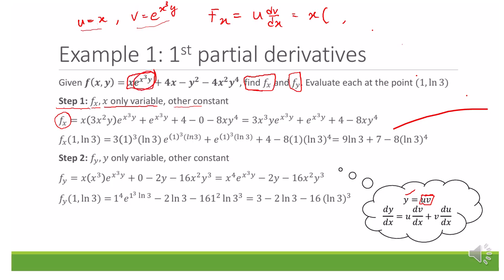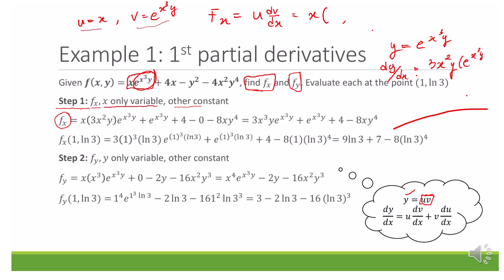To differentiate this, let's say I put this as y equals e to the power of x, 3y. So dy/dx should be 3x to the power of 2, and y, multiplied by e to the power of x, 3y.